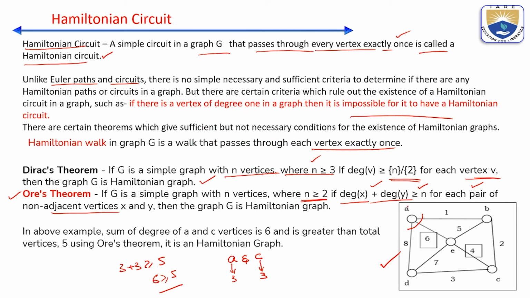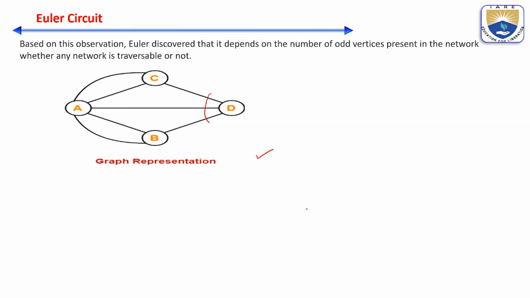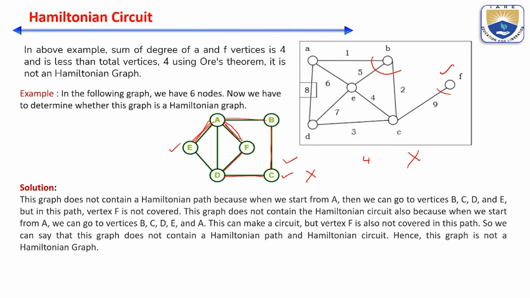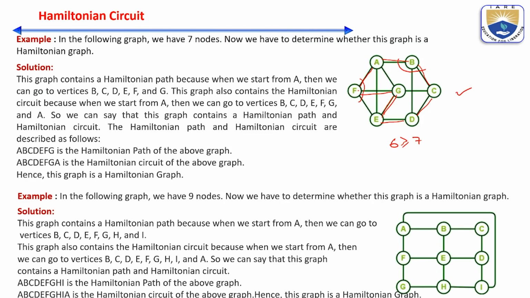So what does the Ore theorem say? The degree of x plus the degree of y should be greater than or equal to the number of vertices, then we can say that it is a Hamiltonian graph. But here it is not satisfied, even though the graph is Hamiltonian. And similarly, we can verify by considering whether it is possible to get a closed loop.